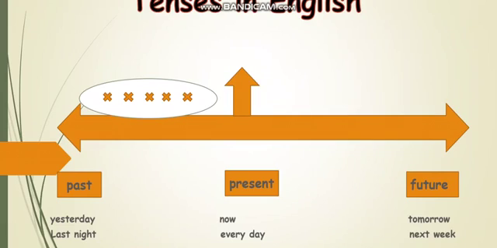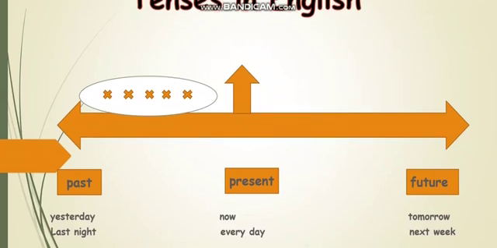We use a present tense to describe actions or states that's happening now or that happens every day. Now future, we use a future here, the form of a verb that you use when talking about something that will happen tomorrow, will happen next week.